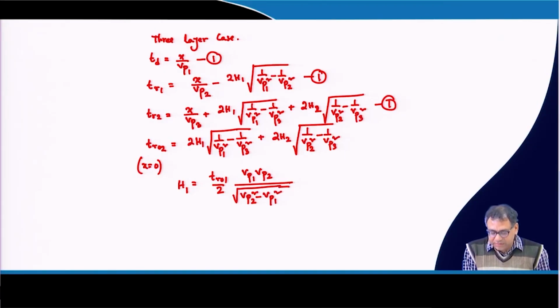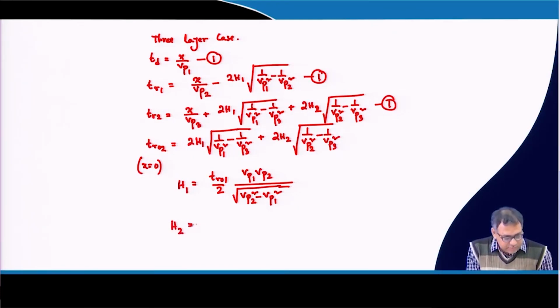So, this is the expression of H1. By using Vp1, Vp2, Vp3, which I will get from the slopes of the curve, I will get H1 from this expression, and Tr01 I will get from the curve. So I will get H1 and all the velocities, and the only unknown is H2. So, I will get the thickness of the second layer also.